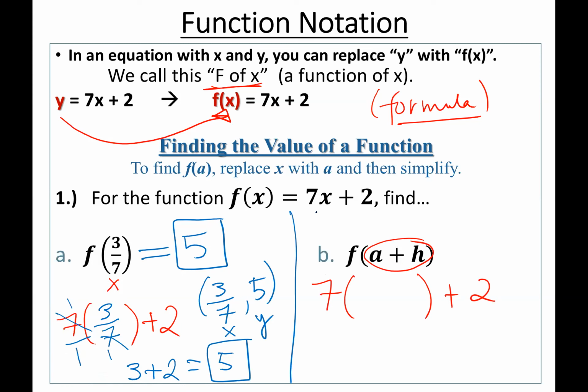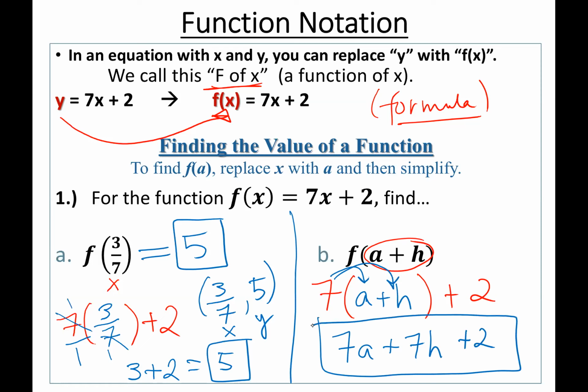So instead of 7x, I have 7 times a plus h. Now, since there's 2 variables there, I'm just going to distribute the 7. 7 times a is 7a plus 7 times h is 7h, and then I still have the plus 2. And believe it or not, that's our answer. So that's a little strange to have such a long answer. That still counts as a function value.